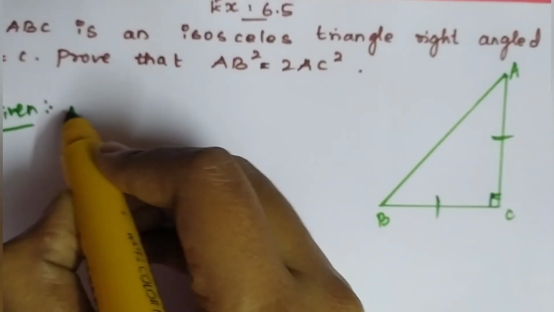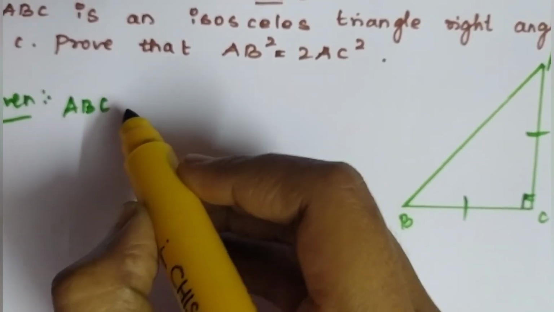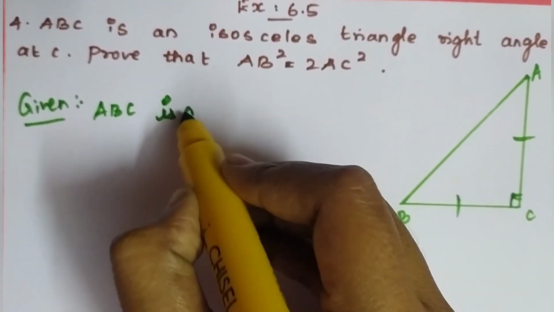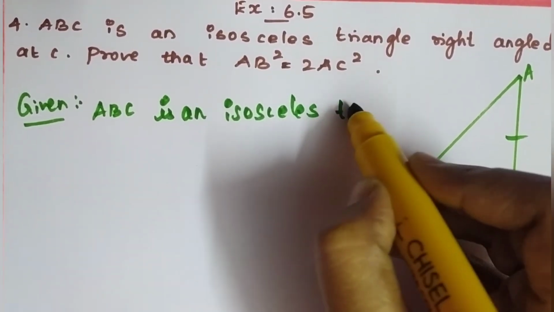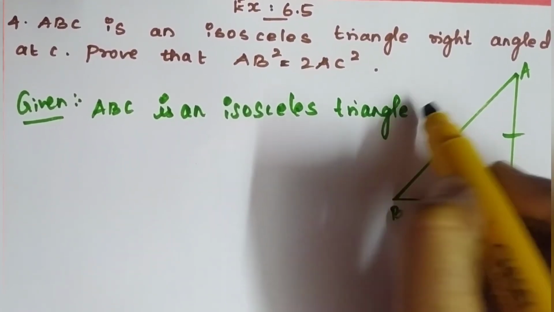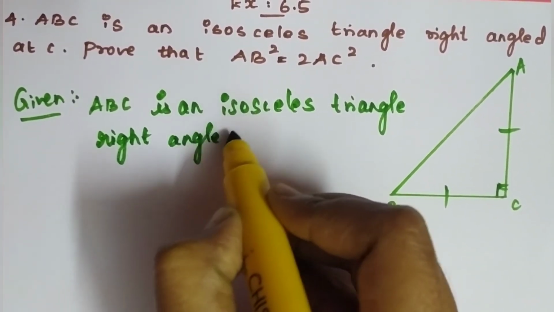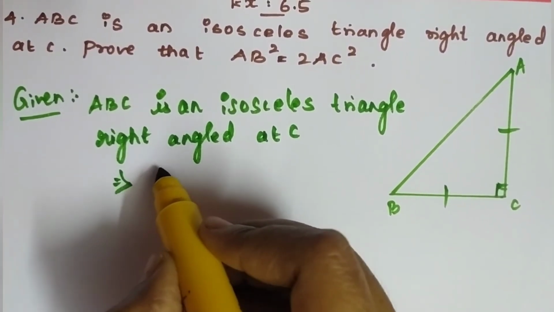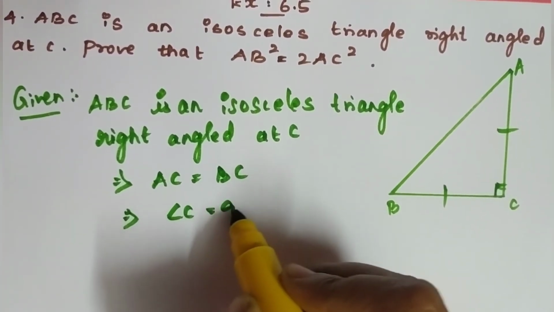So given, ABC is an isosceles triangle right angled at C. Since this is an isosceles triangle, I can tell that AC is equal to BC and angle C is 90 degree.